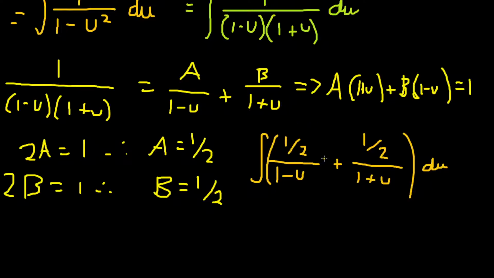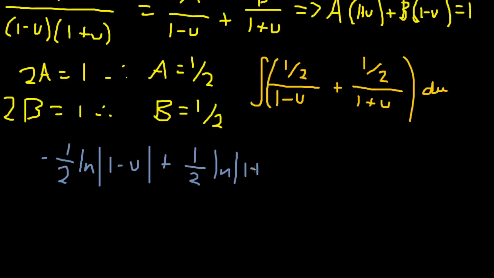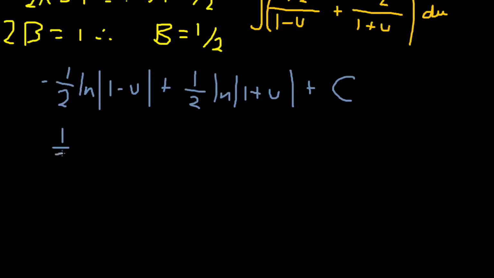Now, we can factor out the half if we want to, but I'm sure you can all integrate this by now. This is just nothing other than 1 half times the natural log of the absolute value of, because we've got a negative u, we need to put the negative in front like that, 1 minus u, plus 1 half the natural log of 1 plus u plus the arbitrary constant c. Factor out the 1 half and rearrange.